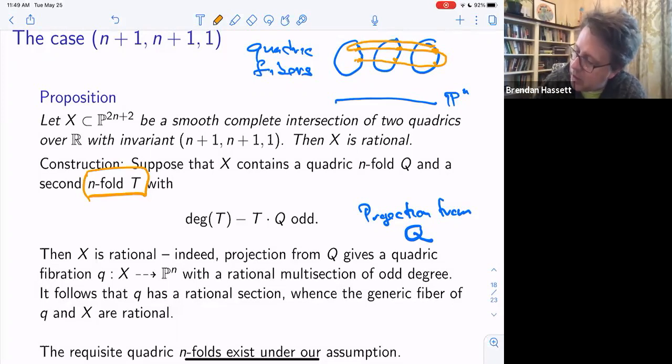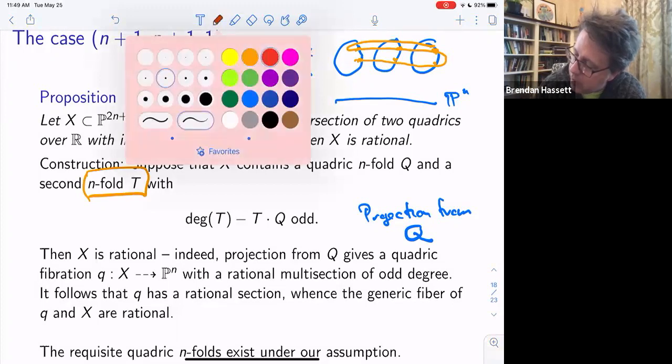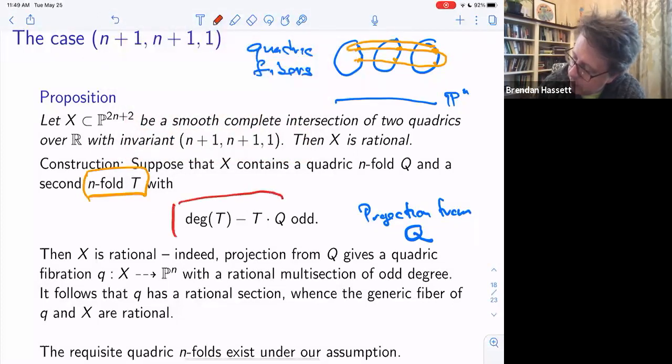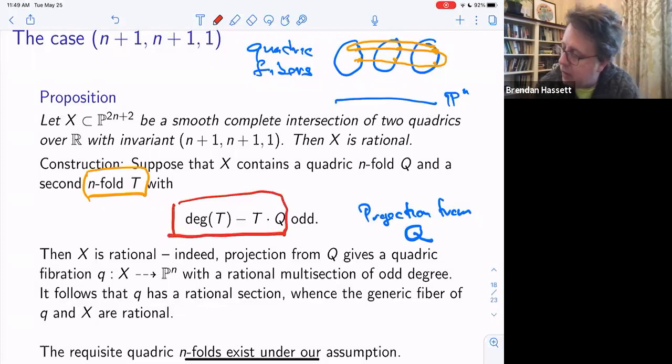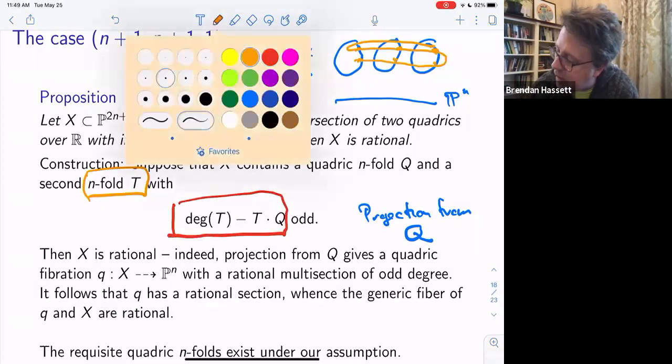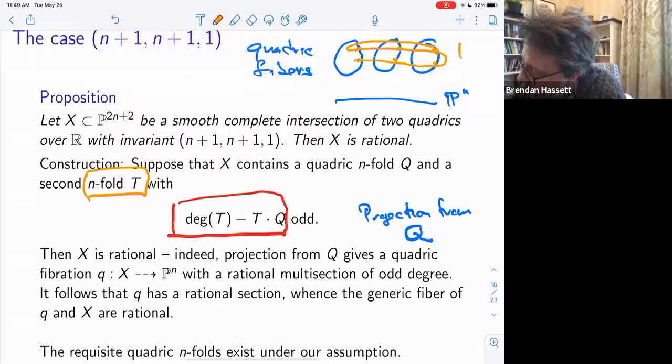So the key thing here is that this quantity is odd. And so that translates into saying that this T has odd degree over the base.